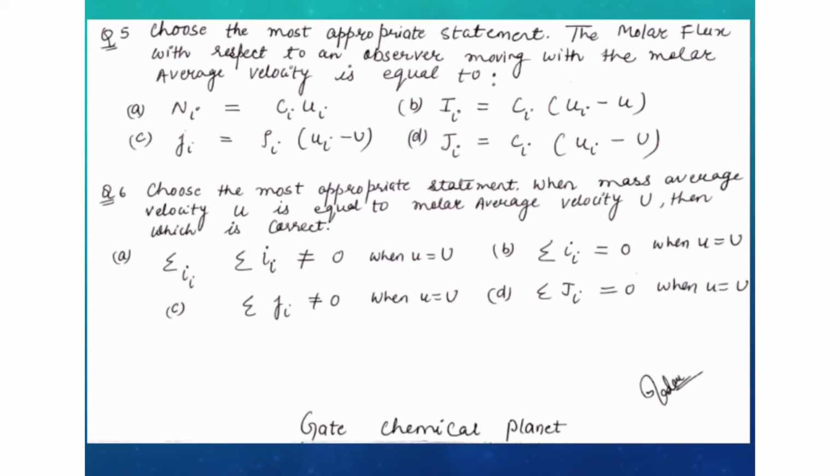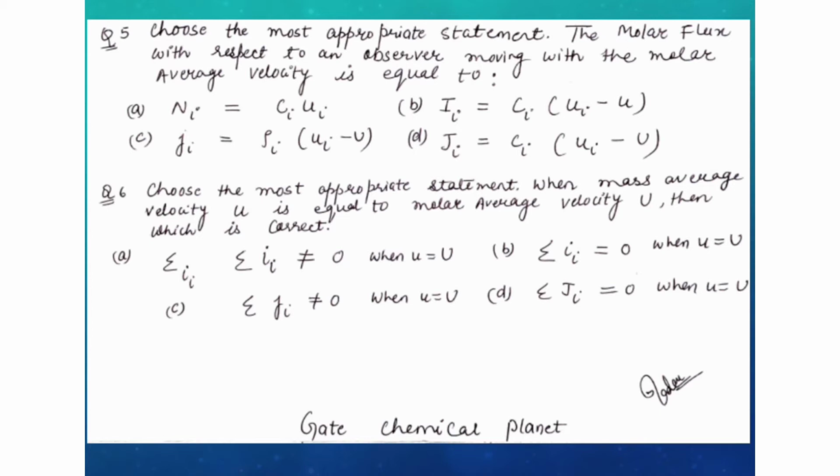There is a trick to choose the proper answer. First of all, remember one thing: the molar flux is represented by capital letters only. Molar flux is represented by capital Ni, capital Ii, and capital Ji.